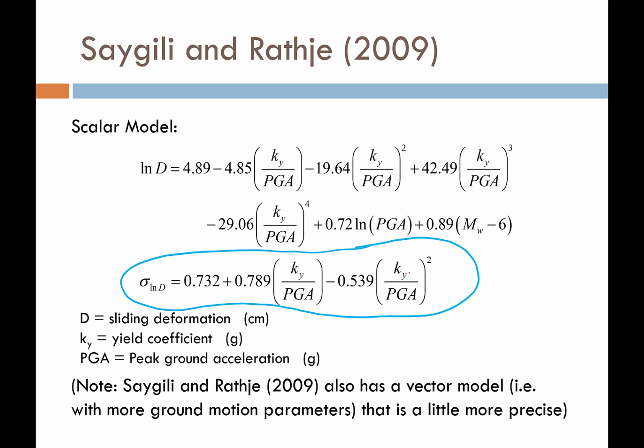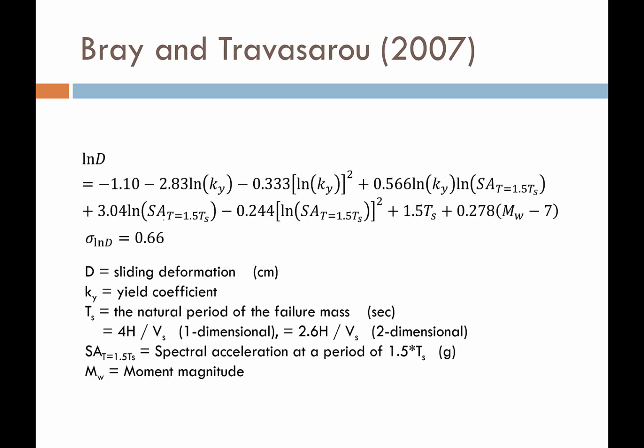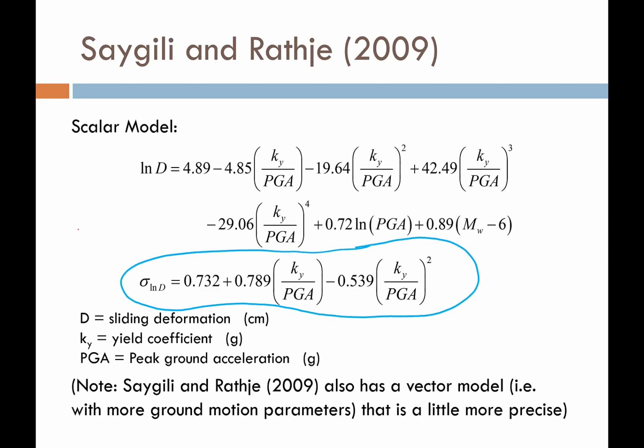So this is a heteroskedastic model. The previous model, where you have a constant uncertainty, is what we call a homoskedastic model, or it incorporates homoskedasticity, meaning it's uniform and constant.